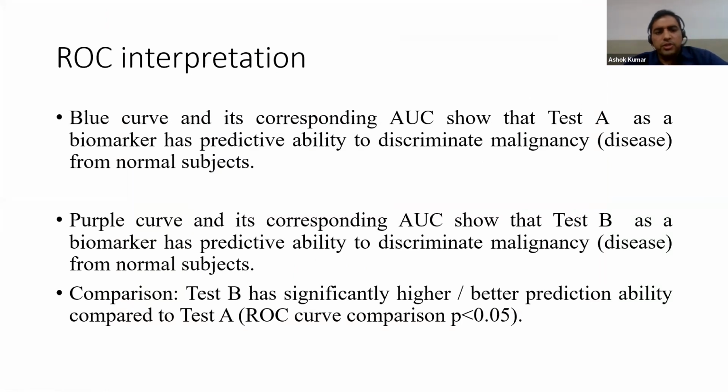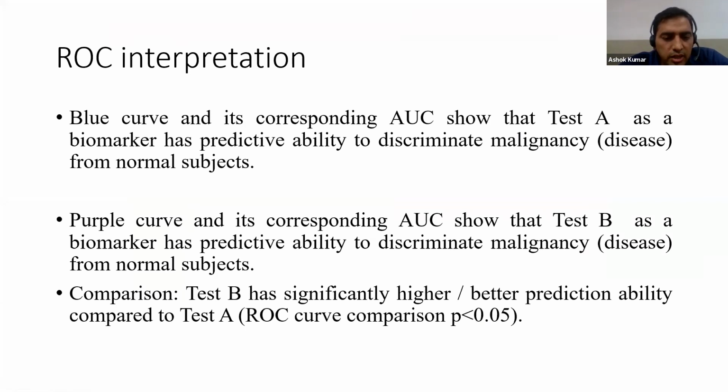So, the ROC interpretation. The blue curve and its corresponding AUC show that test A, as a biomarker, has predictive ability to discriminate malignancy from normal subjects. And the purple curve and its corresponding AUC show that test B, as a biomarker, has predictive ability to discriminate malignancy or disease from normal subjects.